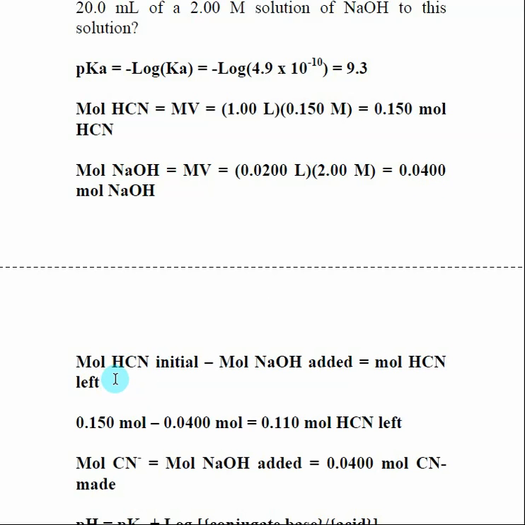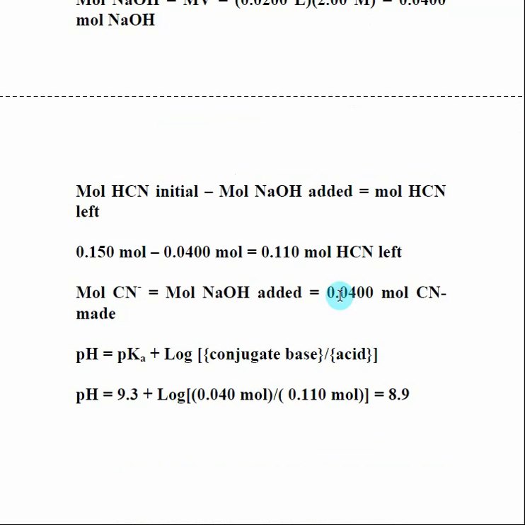Now this is one of the things that is different between a strong acid strong base and a weak acid strong base titration. In this case, I need to know how many moles of my conjugate base are made. I don't have this step when I'm doing a strong acid, strong base titration. But with a weak acid, strong base, I need to know how many moles of my conjugate base are made because I need to plug that into the Henderson-Hasselbalch equation.